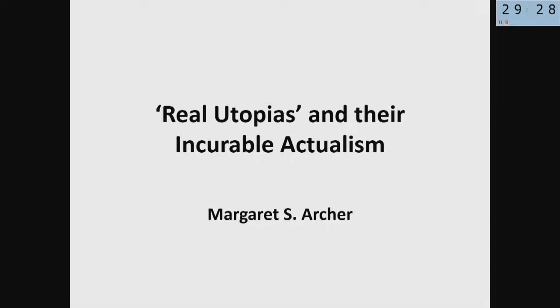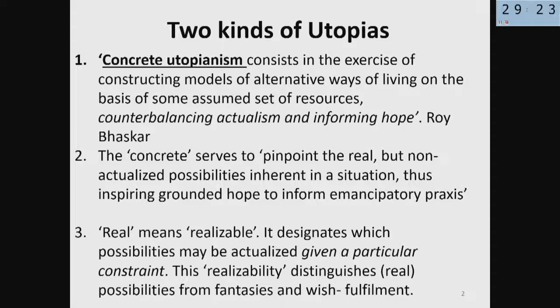The first one rests on a realist ontology, and it consists in constructing models of alternative ways of living on the basis of some assumed set of resources, which can be very, very different, of course, and thereby counterbalancing actualism, I'll define that in a second, and informing hope. Now, hope is very central to utopian thinking.